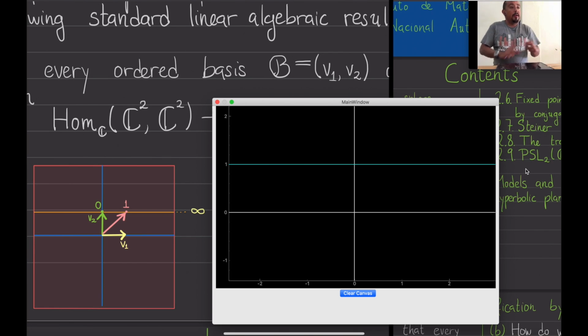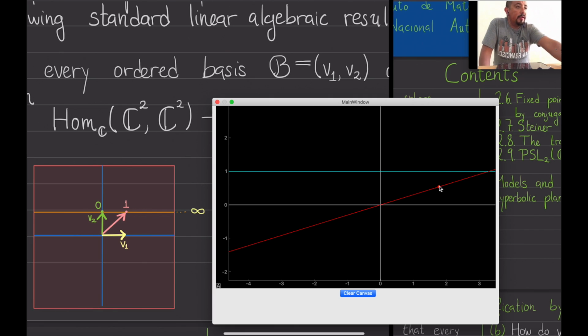Okay. So let's say that I want the image of V1 to be this one. So you can see the red dot. That's the image of V1 under the linear map. So this means that I want the image of V1 to be this point of intersection, right, at the level of Mobius transformations. Let's say that I want the image of V2 to be this one that I click here, right?